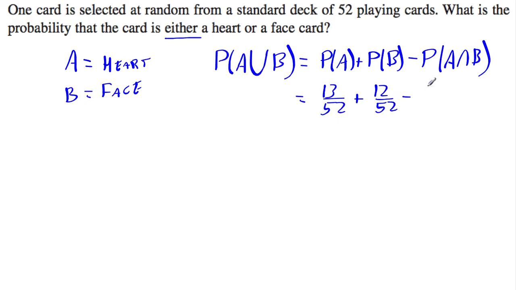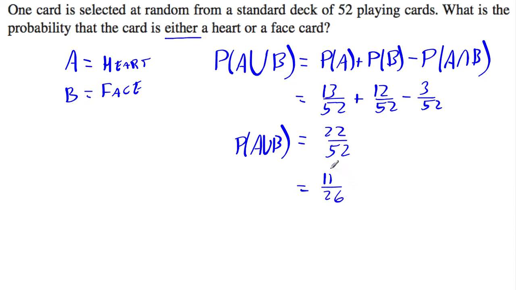There are 3 cards that are both face cards and hearts: the king, jack, and queen. So that's 3 out of 52. So this is going to be 22 out of 52, which we can reduce to 11 over 26.